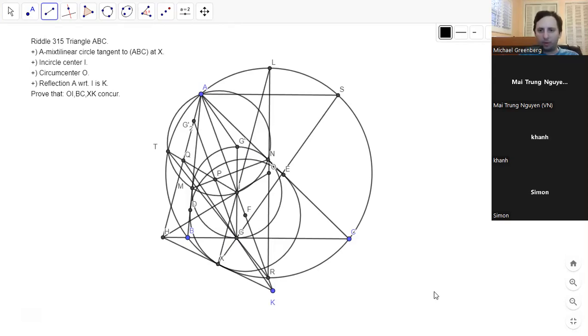But AG prime intersects BC at the tangency point of the X center. And we know that this line is isogonal to AX. So those are isogonal.